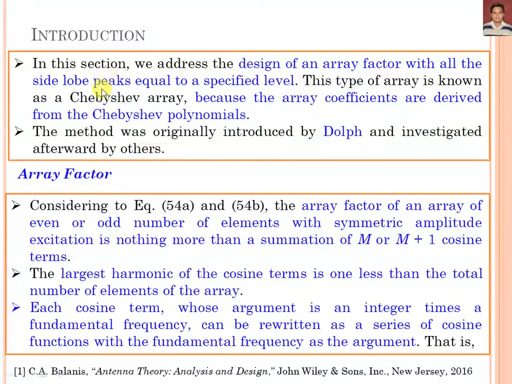This type of array is known as Chebyshev array, and it is also called so because the array coefficients of this array can be calculated by Chebyshev polynomial. So we can say Dolph Chebyshev array is also called Chebyshev polynomials because we are calculating array coefficients by using this technique.